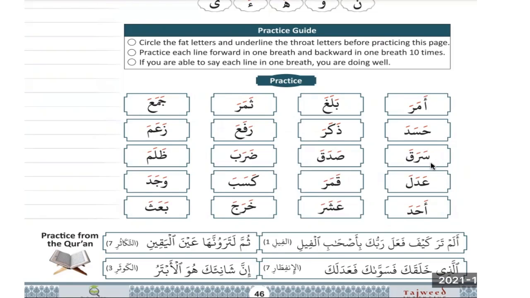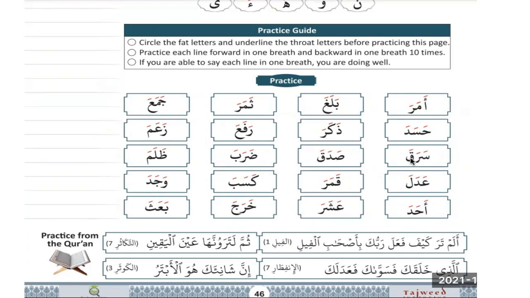Then let's go to the third line. Again, we will focus on a few things. Sin fatha sa, ra fatha ra, and qaf fatha qa. Why do I say qa? Why didn't I say ka? Because qa is again from the back of the tongue, but we use a very soft palate, and this comes from the fat family.